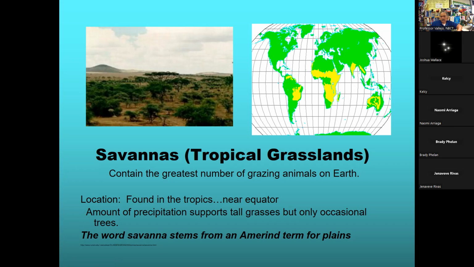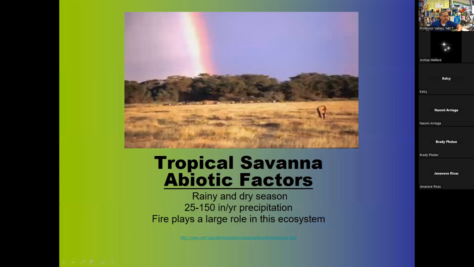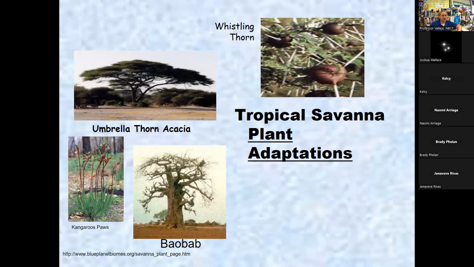Alrighty, some abiotic factors that we want to consider: a lot of rain, less than a tropical rainforest, but a lot of rain, and extreme changes in temperature. It says here rainy and dry seasons and fires. So plants need to be adapted to that.